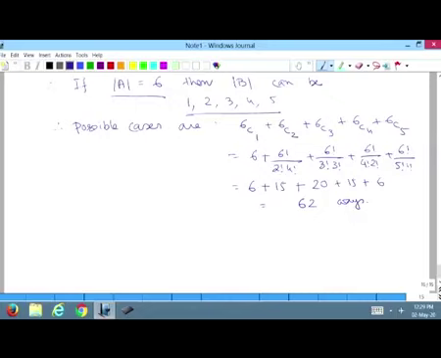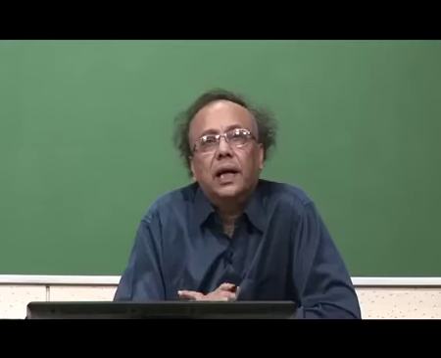Now, obviously, cardinality of A cannot be 5.